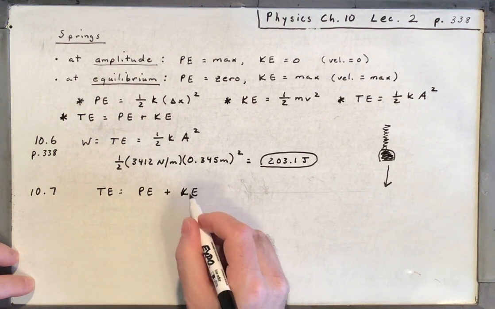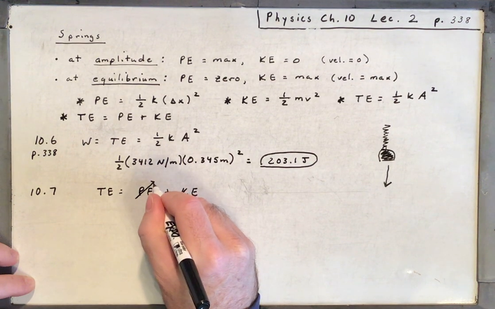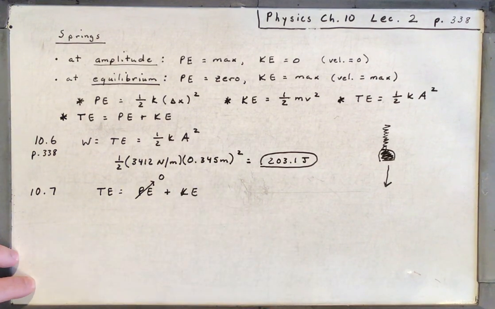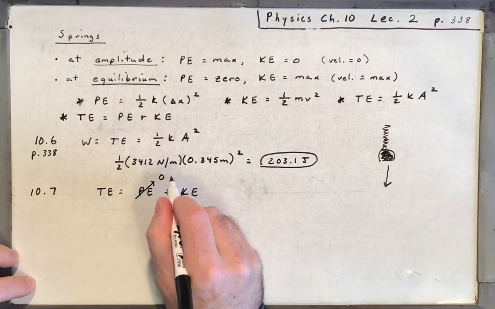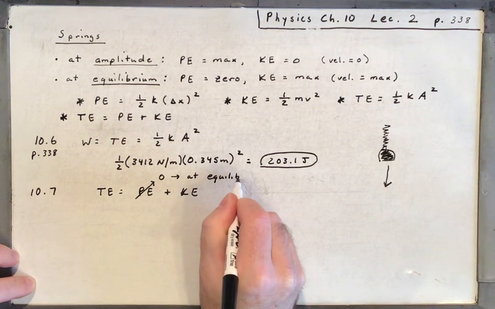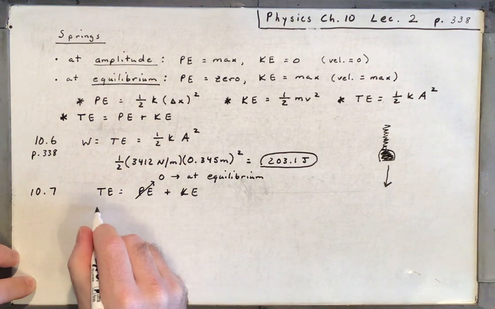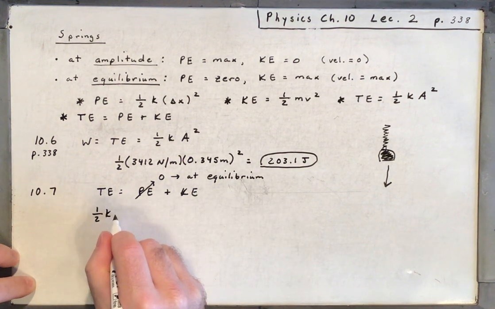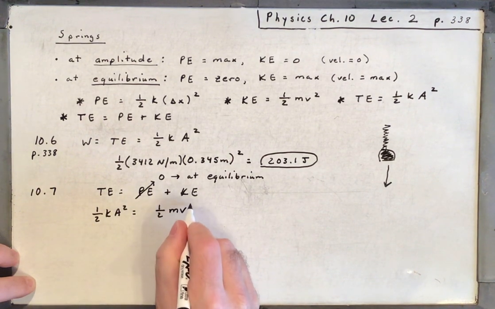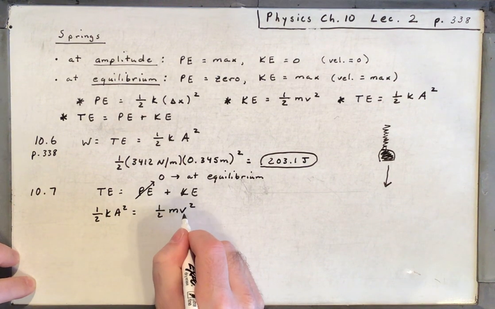We know that kinetic energy is at the maximum, and that means that we're at equilibrium, so potential energy is 0. It's 0 because we are at equilibrium. So we have 1/2 k a squared is equal to 1/2 mv squared. So we want to know the speed.